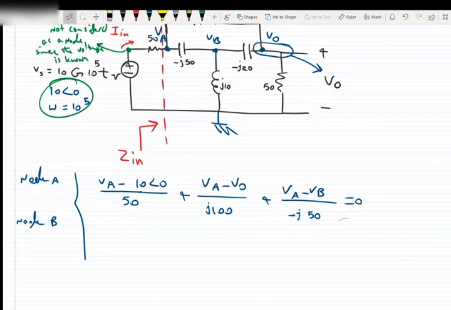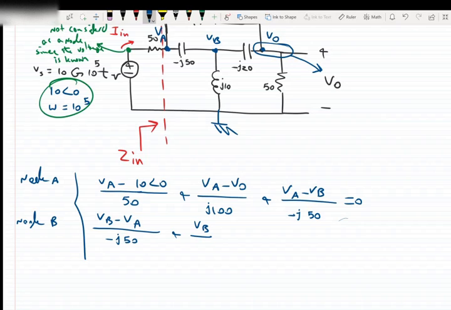Node B. For node B, we say VB minus VA over negative J50 plus VB over J10 plus VB minus VO over negative J20 is equal to 0.